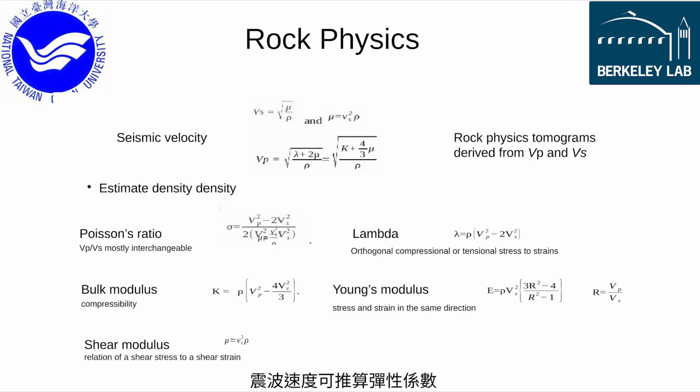It turns out with recording the VP and the VS, which is the P wave and S wave travel times, and the QP and QS, which is the attenuation properties, those 4 pieces of information can be manipulated with mathematics to provide several elastic parameters of rocks.